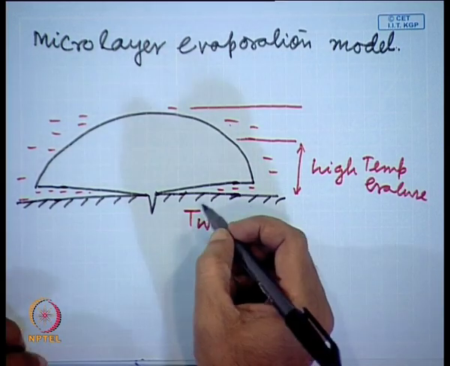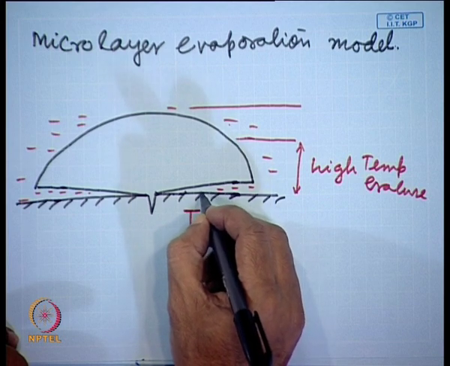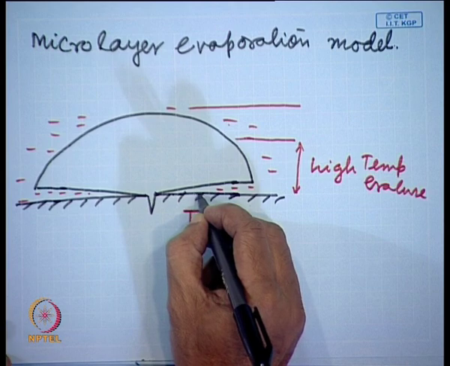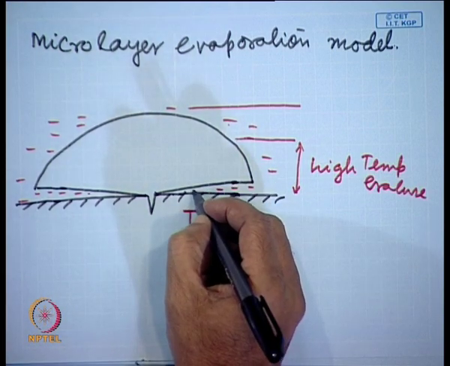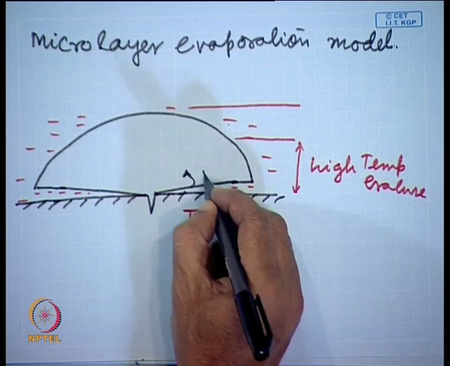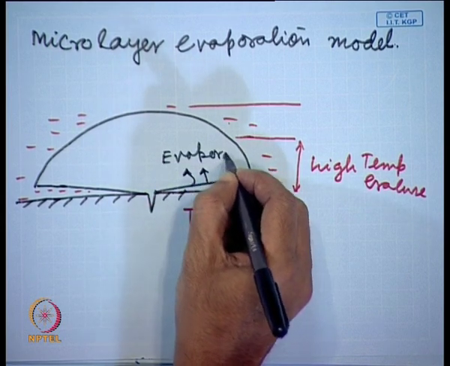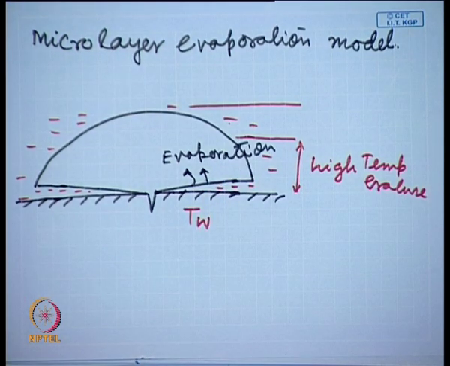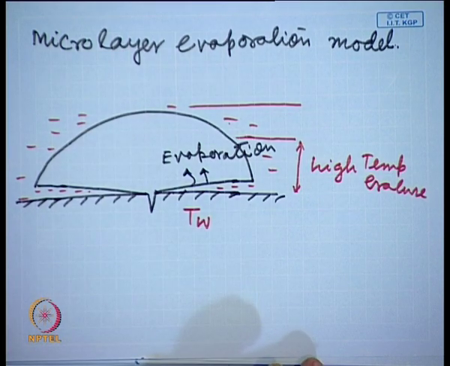So, from this T wall heat will be transferred due to conduction only, through this micro layer, and as it is transferring, from here your evaporation will take place. This is your evaporation. So, that is why this is called a micro layer evaporation model, and the bubble will grow large enough and then it will leave the surface.